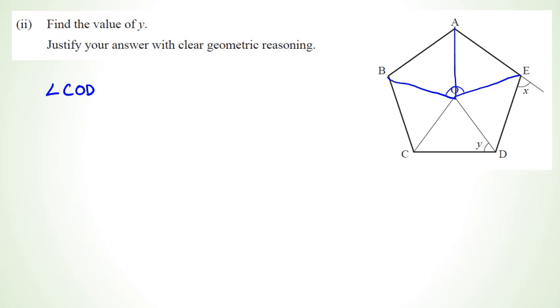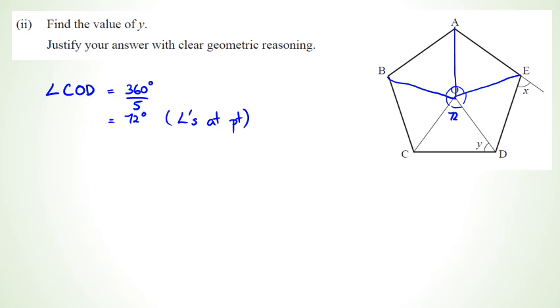And what I'm noticing is that those 5 angles are actually equal. So angles at a point is what I'm looking at, and there's 5 angles that add up to 360, which means if I do 360 divided by 5, I'm going to get angle COD, which is 72 degrees. Now this one I can write as angles at a point.